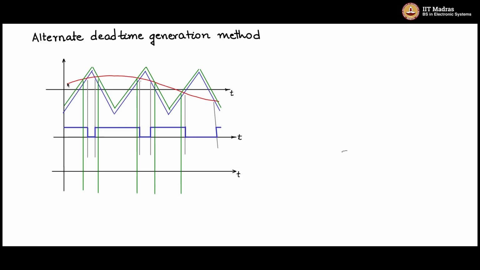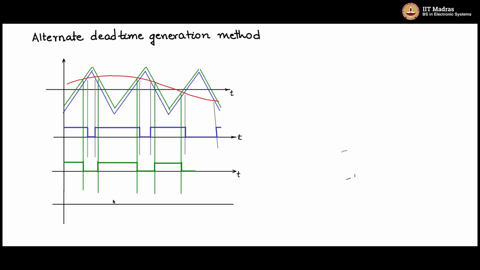And when the modulating signal is higher than the green triangle, then you can see an output that is high. And when the modulating signal is less than the green triangle, you will see an output that is low. And so on, you will see the outputs in this fashion.